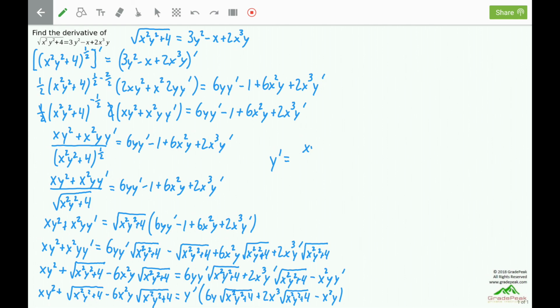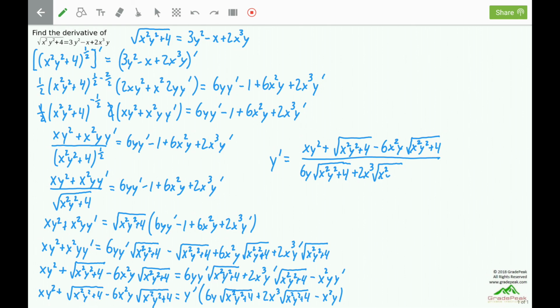And we have x y squared plus the square root of x squared y squared plus 4 minus 6 x squared y times the square root of x squared y squared plus 4 divided by 6y, the square root of x squared y squared plus 4 plus 2x cubed, the square root of x squared y squared plus 4, and then minus x squared y.